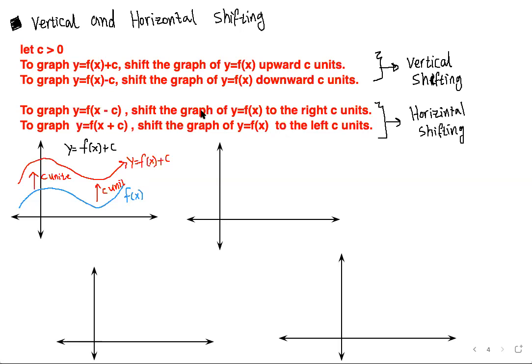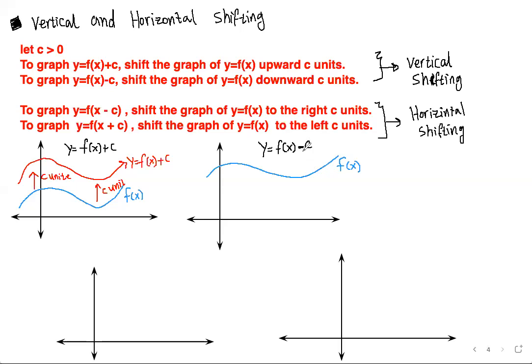Okay, so now for the second one, suppose I want to graph the function y equal f of x minus c. Suppose my original function looks something like that again. This is f of x, the original function. I need to graph this one by shifting the original one c unit down.